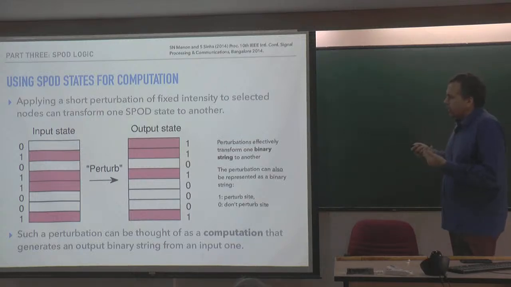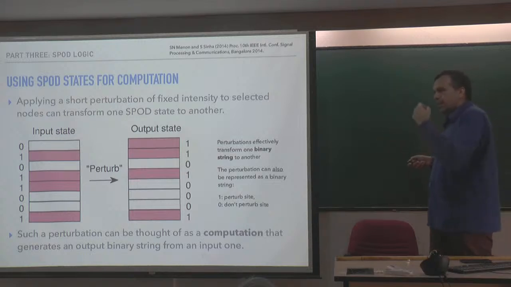What in principle we can do is that the spots all coexist. In other words, for a given regime in parameter space, you can have multiple spots. So you can provide a perturbation to one spot to obtain another spot.